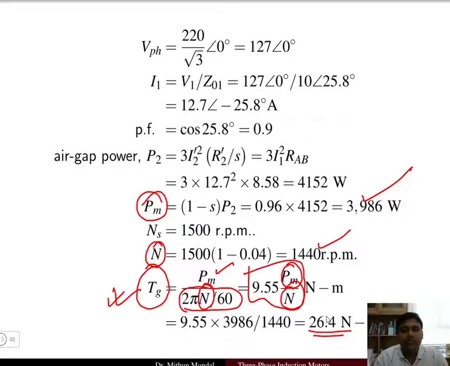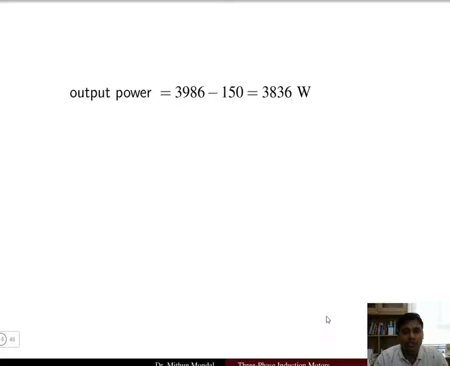So 26.4 Newton meter is the gross torque of the machine. Then the output power we can obtain by subtracting the losses from the 3986 that we have got previously. So it gives you 3836 watt.